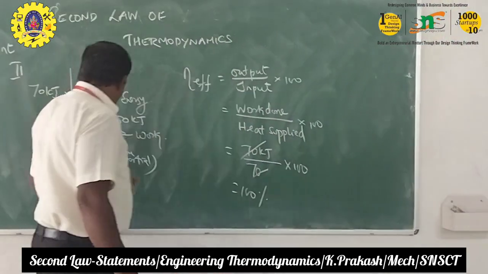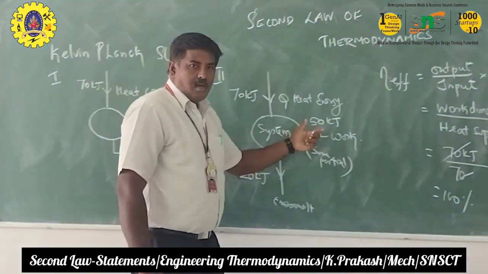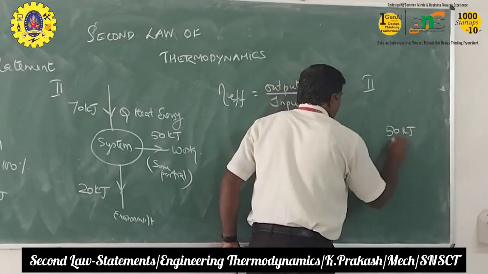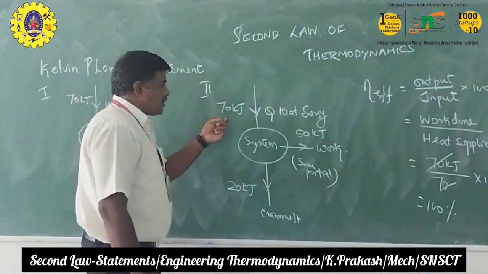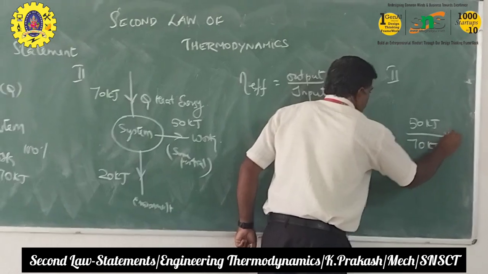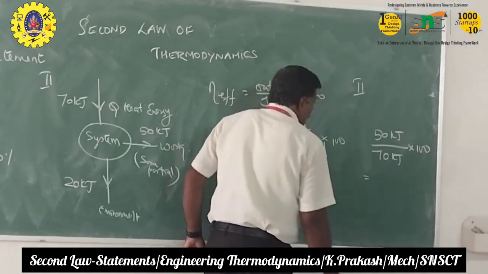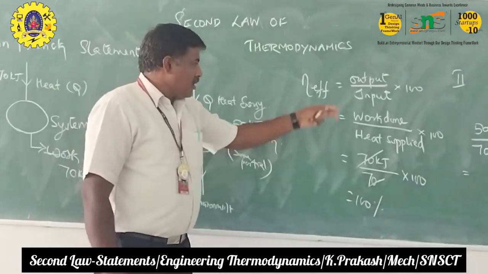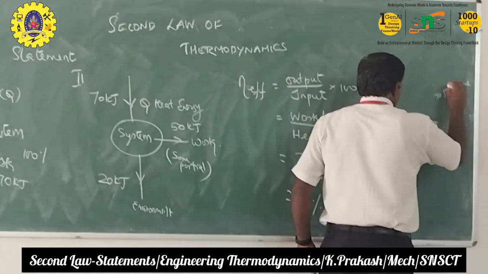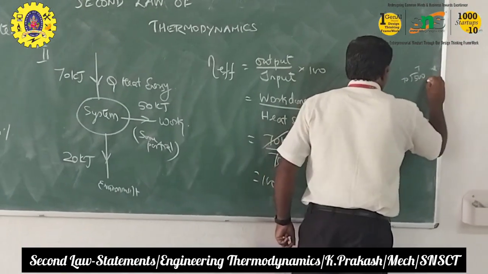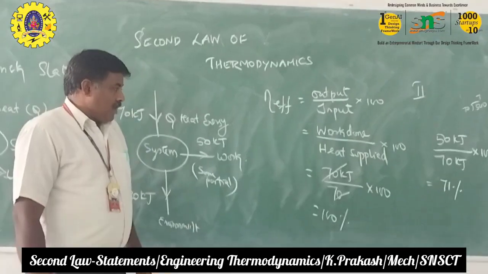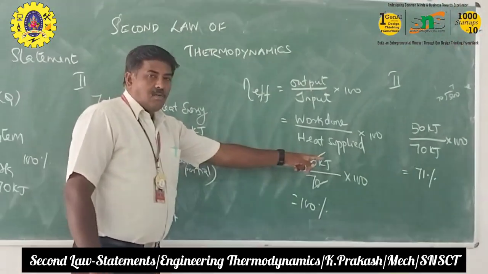Here the work done is 50 kilojoules, whereas heat supplied is 70 kilojoules, multiplied by 100. With a small calculation, 5000 divided by 70, we approximately get 71%. So in the second case we are getting 71%.